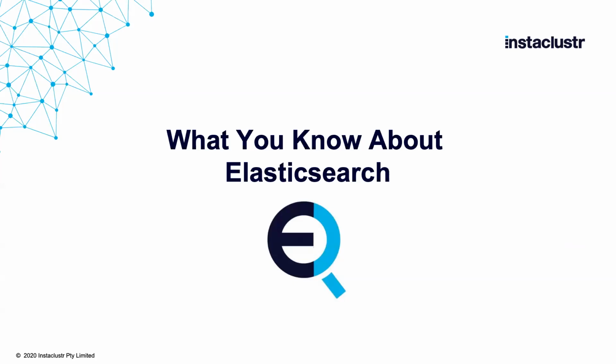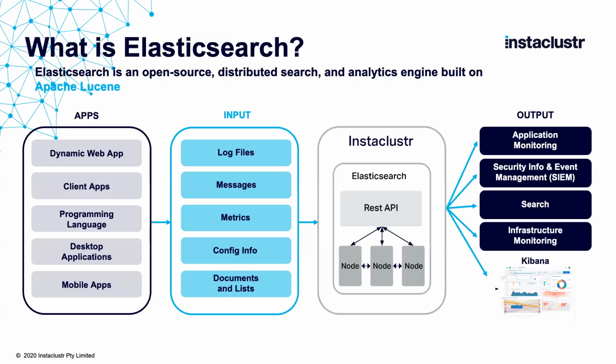So now we're getting into Elasticsearch. So what is Elasticsearch? Well, remember how I said Cassandra is a perfect data store? Elasticsearch is the perfect search engine. What does that mean? Basically, it's an open source distributed search and analytics engine built on Apache Lucene.